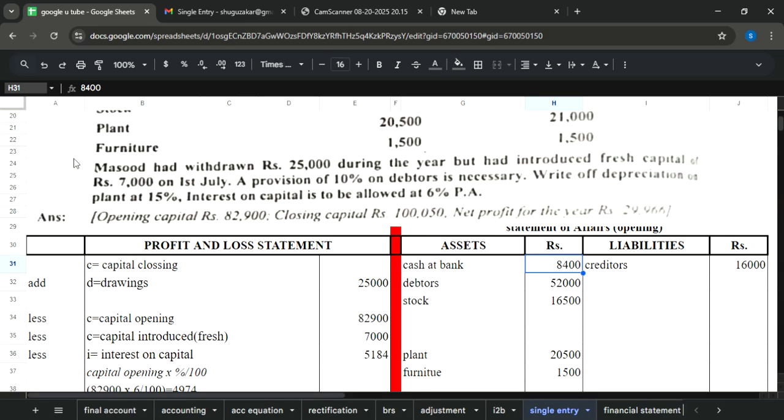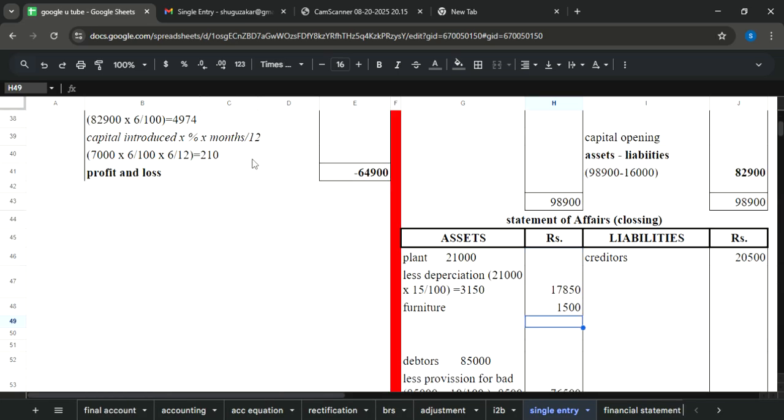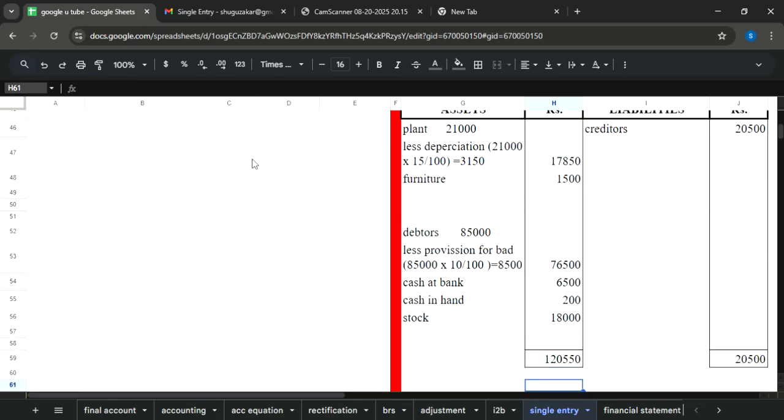As you can see, furniture, all adjustments are completed. So we can now calculate our closing capital. As you know, closing capital you can calculate by subtracting assets minus liabilities. How much is the amount of assets? 120,550. This is the total of the asset side. Then you will subtract the total of the liability side, which is 20,500. This way you will be able to calculate your capital.